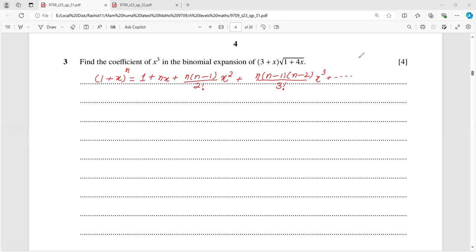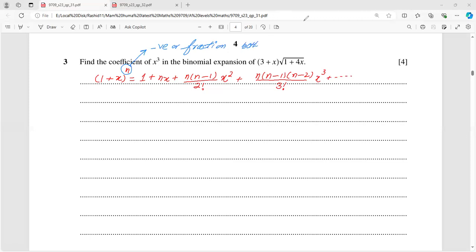Now over here, I have to apply this one, and this formula is only applicable when the whole power is negative, just like this one. This whole power is negative. That must be negative, or in the form of fractions, or in the form of both.